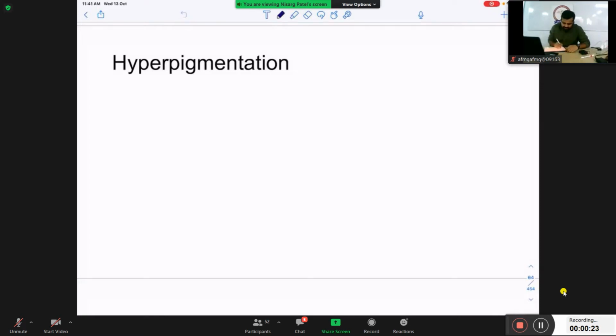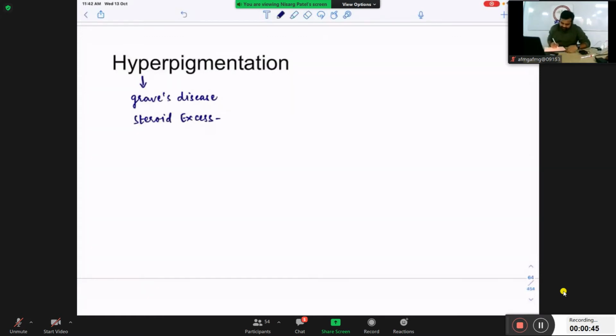Which disease causes hyperpigmentation? The first is Graves' disease. Any disease which has steroid excess.